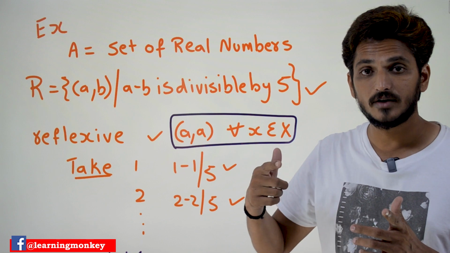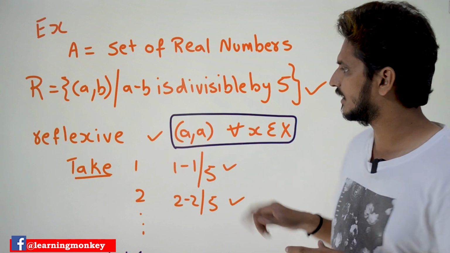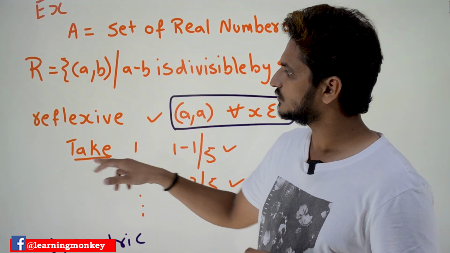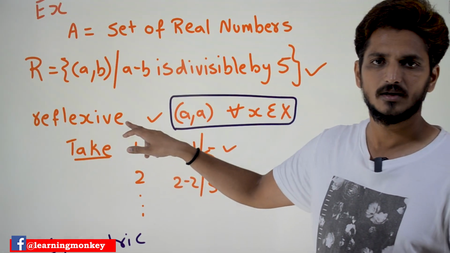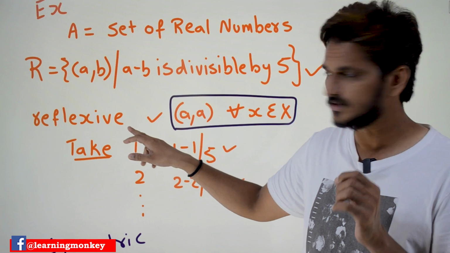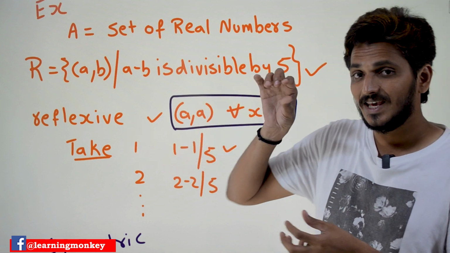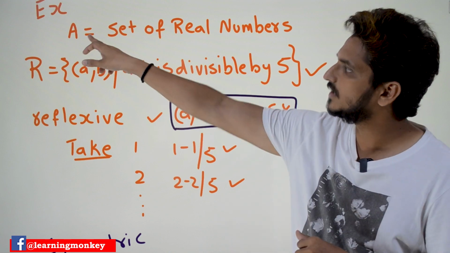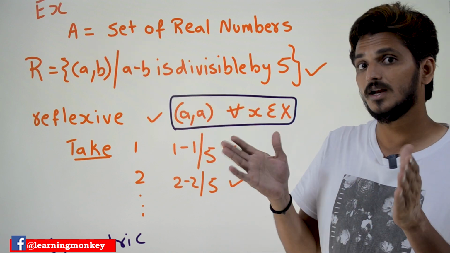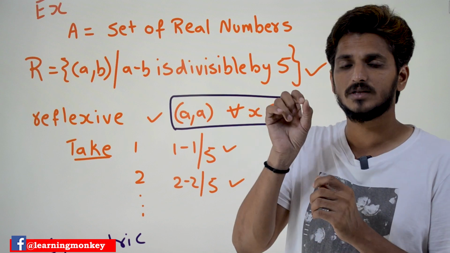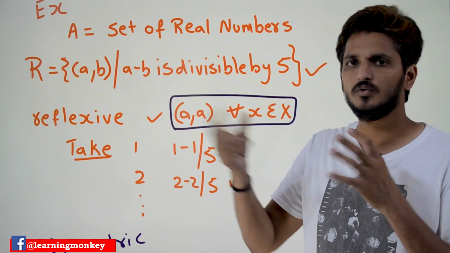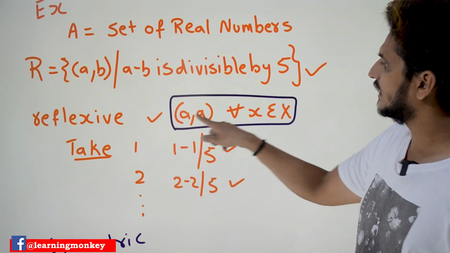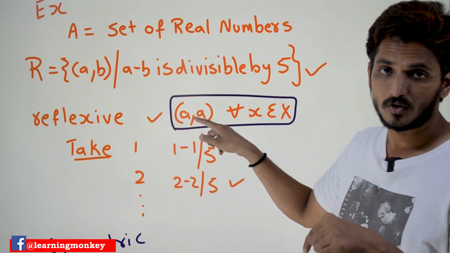Let's understand why it is an equivalence relation. It has to satisfy three properties. What is the first one? Reflexive property. What does the reflexive property say? You take any x that belongs to the set, here set A, from the real numbers. You take 1, 2, 5, 10, 11, any number. So (a, a) should belong to our relation.